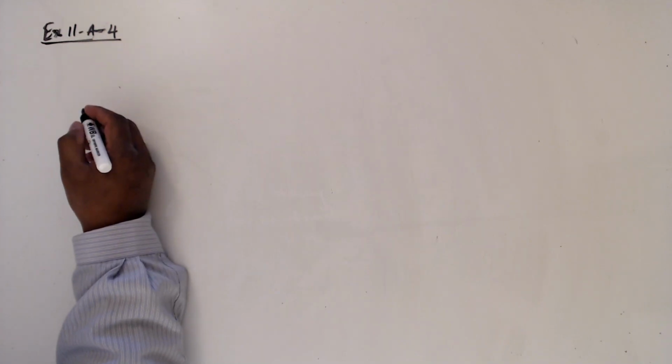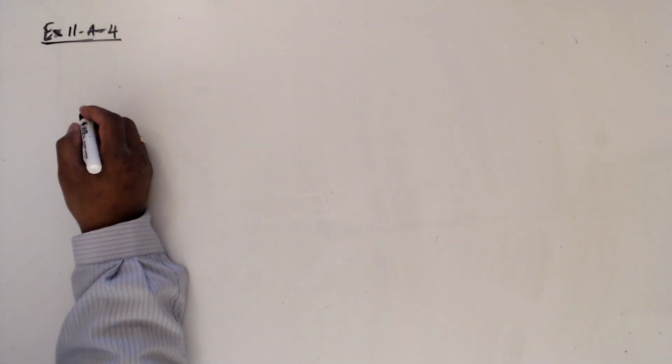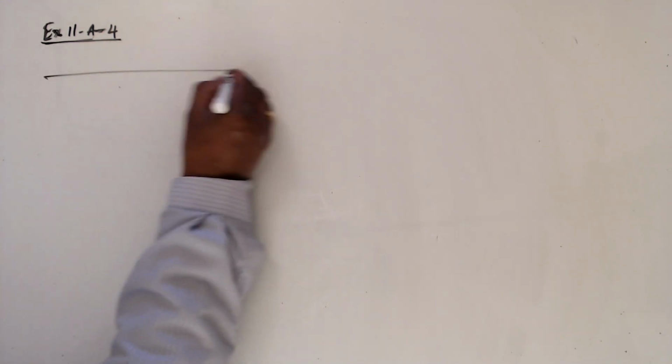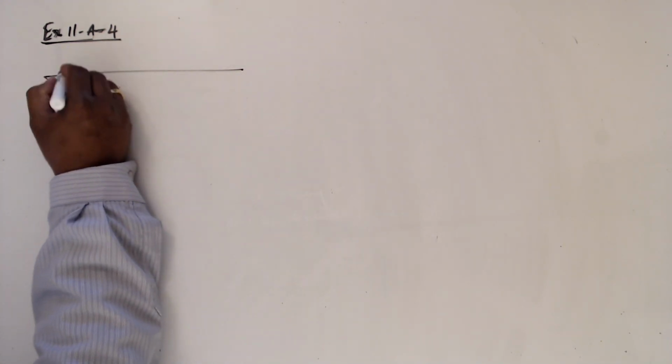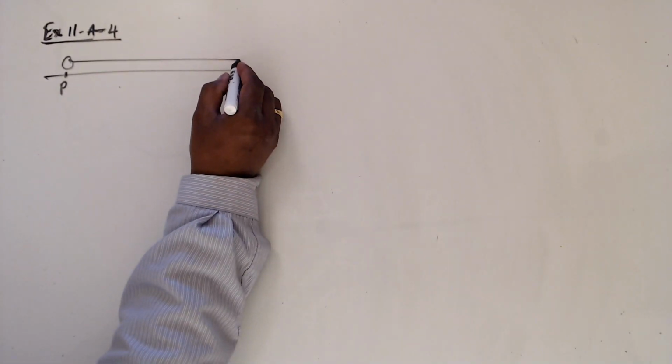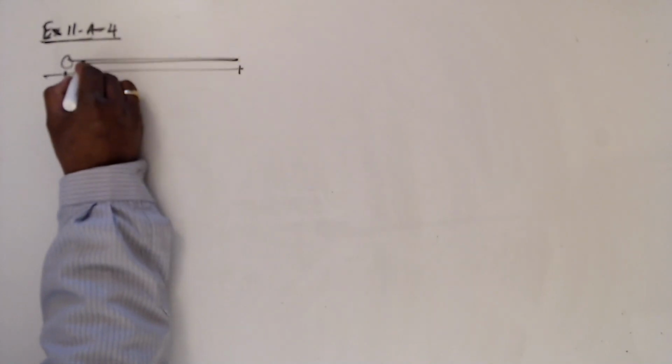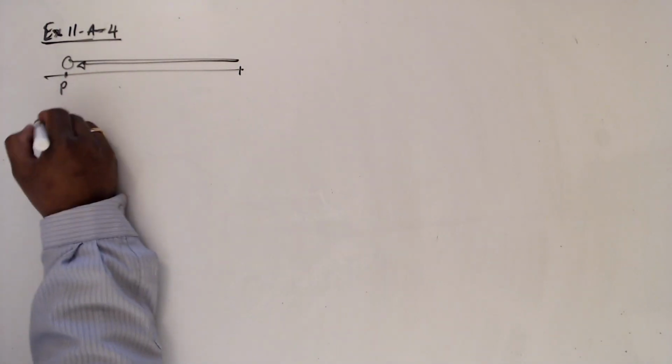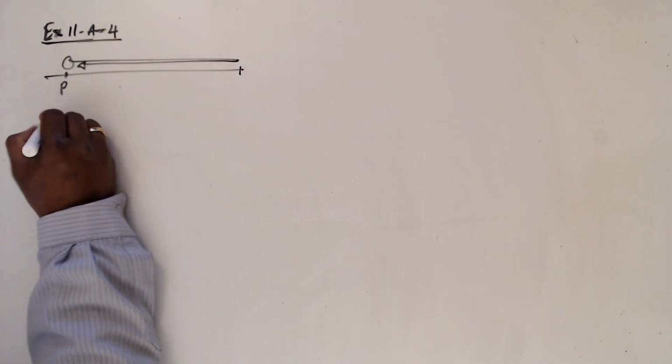Question number 4. At time t equals 0, the toy car is at point P. It moves to a certain maximum distance and then comes back again.